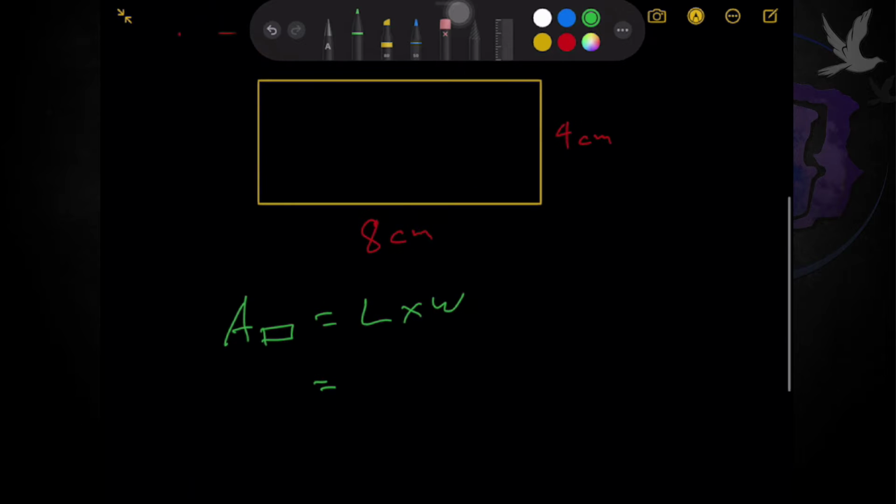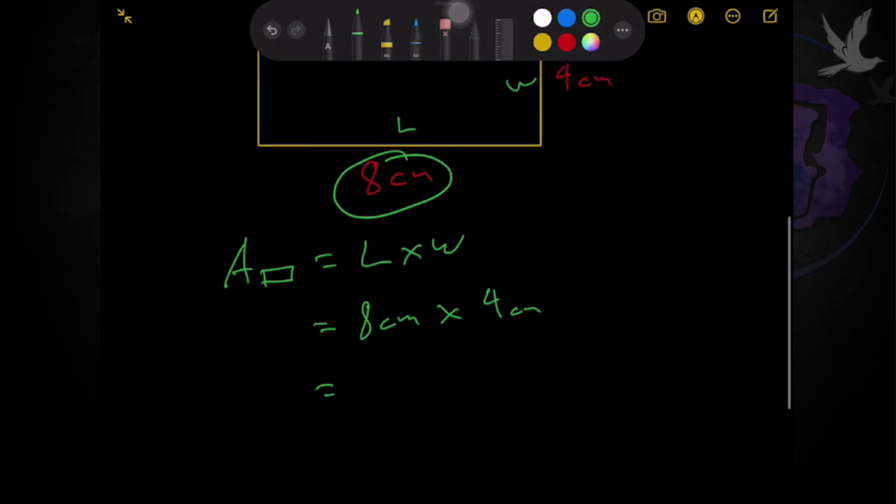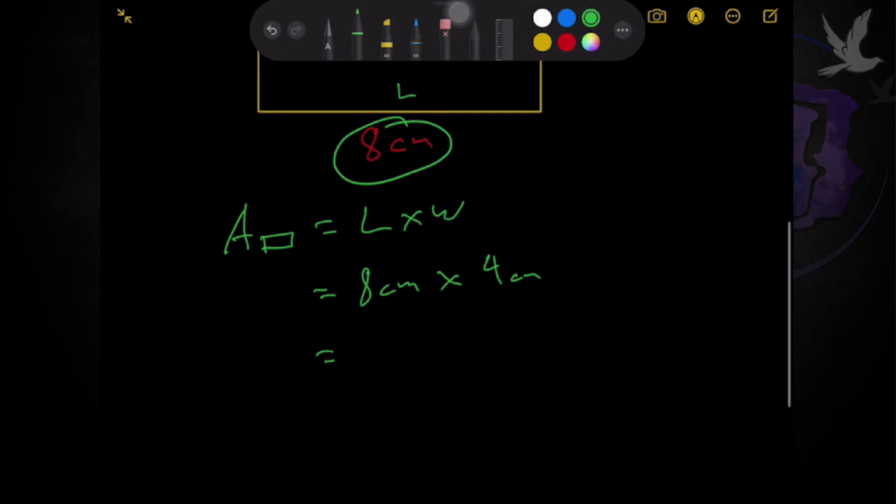Your length is equivalent to 8. This is your length, by the way, in case you have forgotten about it. Your length is equivalent to 8 centimeters multiplied by your width, which is 4 centimeters. Knowing your multiplication table, 8 times 4 is equivalent to 32 centimeters squared.